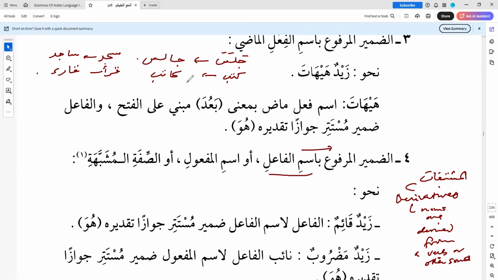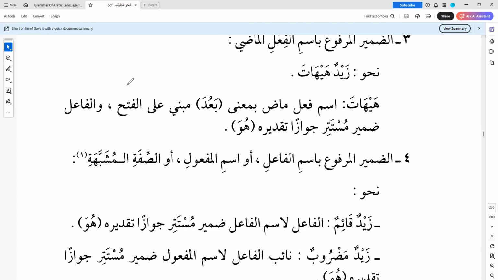And on and on. So you can see that ismul fa'il is mushtaq. And then we have ismul maf'ul. So ismul fa'il is subjective now, and then ismul maf'ul is objective. It's in an objective case. And ismul maf'ul too is mushtaq, it's derived from the verb.